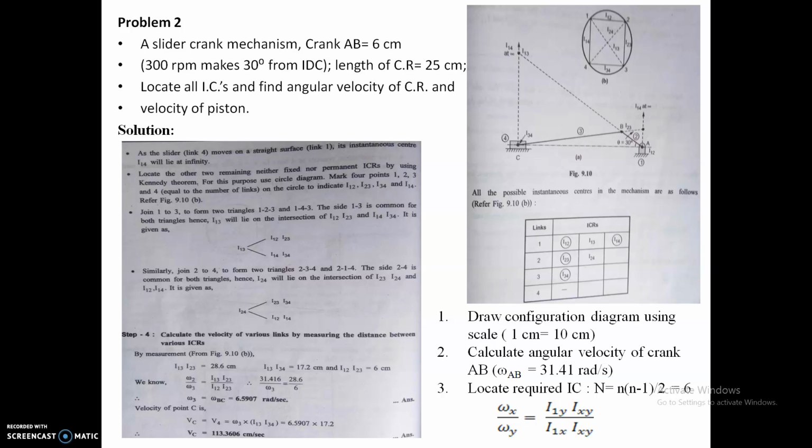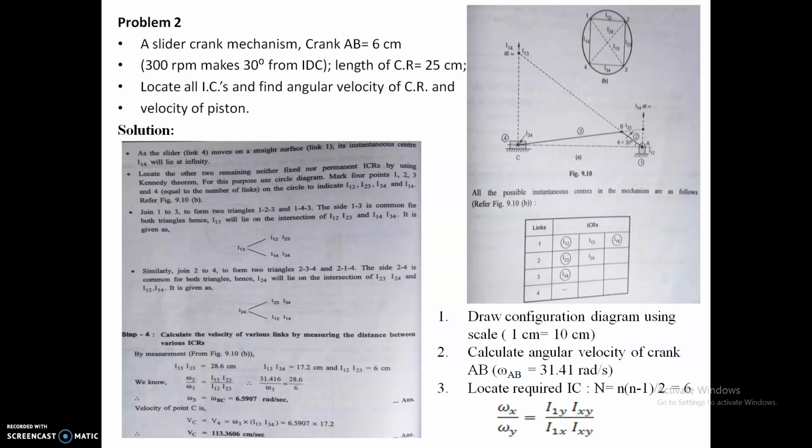Again, you have to make a table where the column number 1 is the links and the horizontal we are writing the ICR, that is the total number of ICR obtained for the given problem. So in the vertical column I have mentioned the number of links given in the mechanism, it is 4.